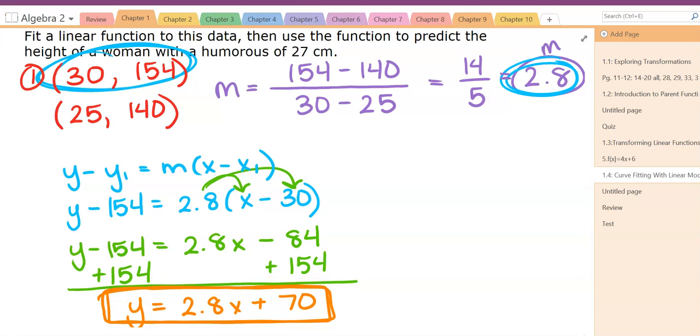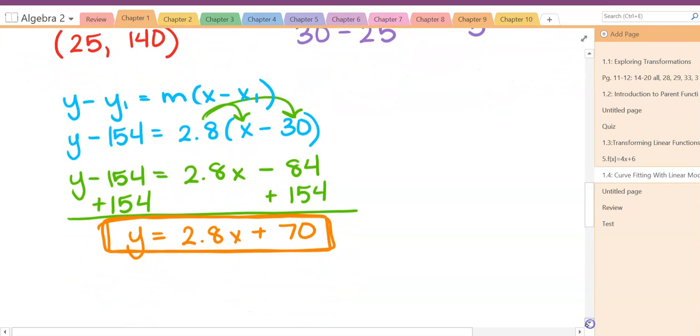Part 2 of this problem said to predict the height if the humerus is 27 centimeters. We were saying that our humerus length was our x coordinates. So we're going to plug in 27 now for x, using that equation that we just found.